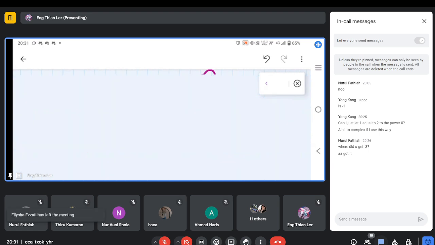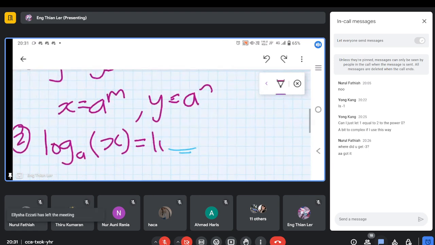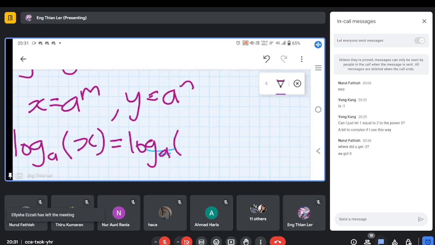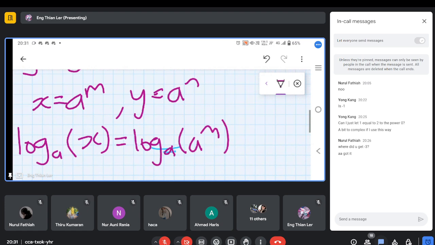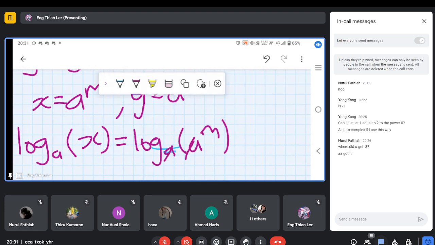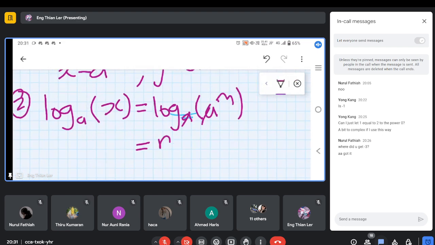Why? Because we are taking a log base a of a to the power m, and the log and the base will cancel each other because they are literally the same base. So it is equal to m.